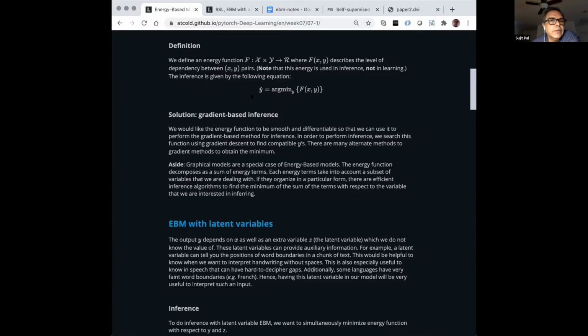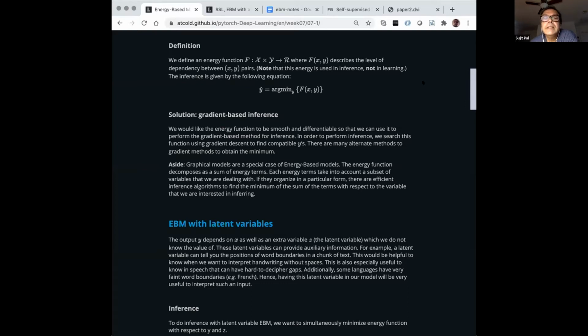Then he says we define an energy function, and this is the mathematical formulation. It's an energy function F that takes input x and gives an output y in a real number space, where F(x,y) describes the level of dependency between the x,y pairs, right?